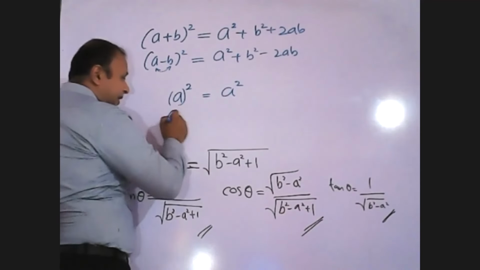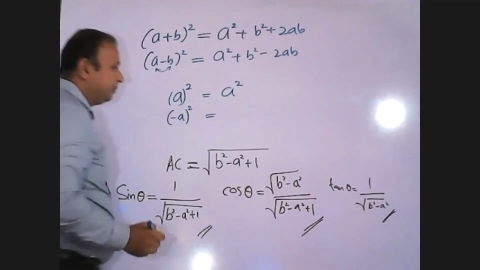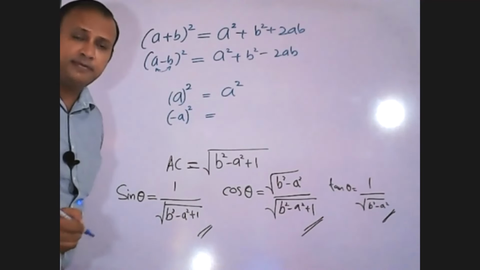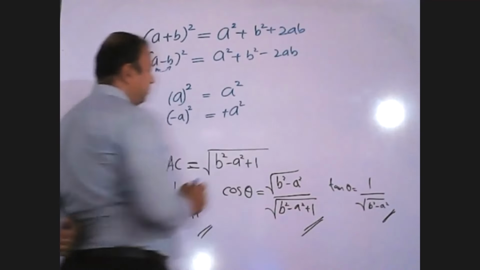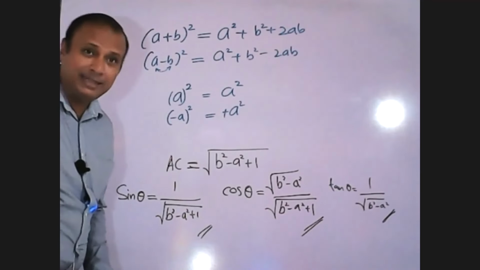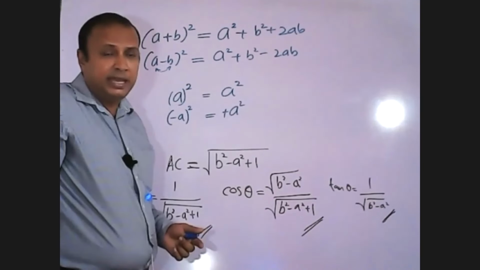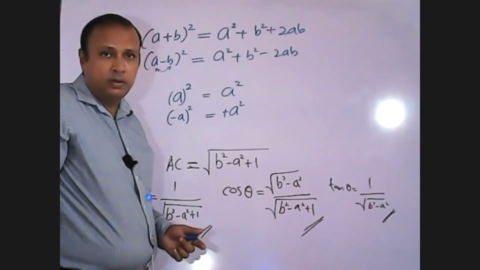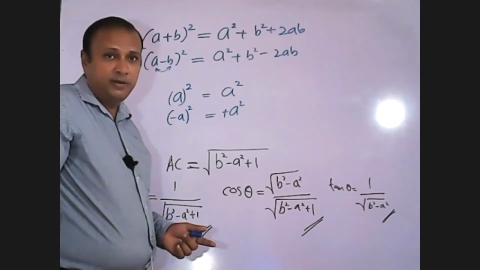If you are given minus a to take square, your answer is plus a squared. So there is no negative square value. You cannot take a negative square value.